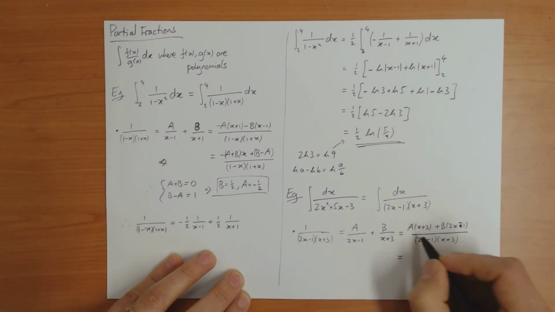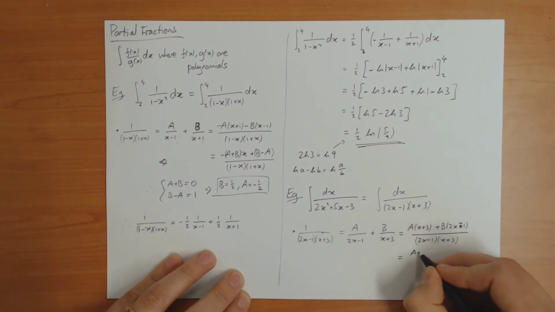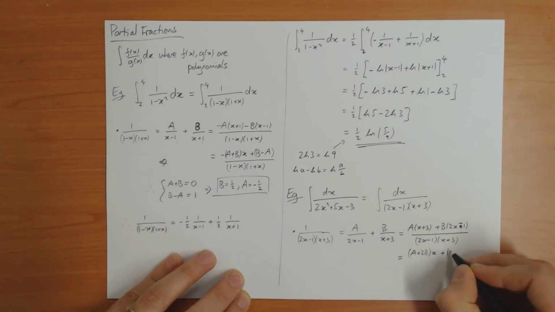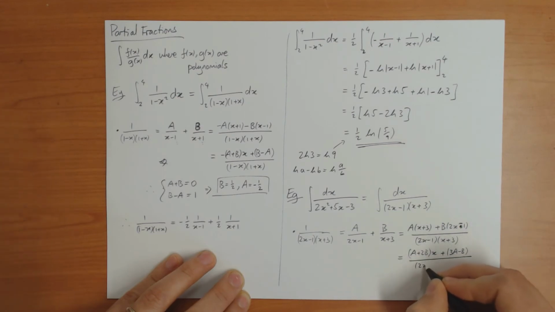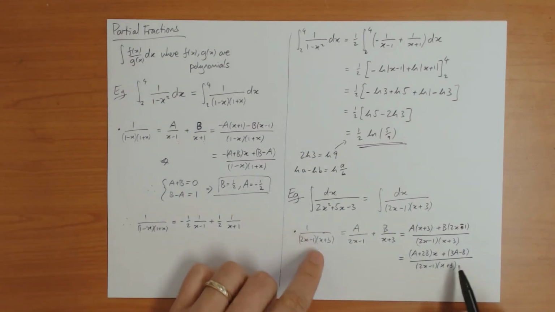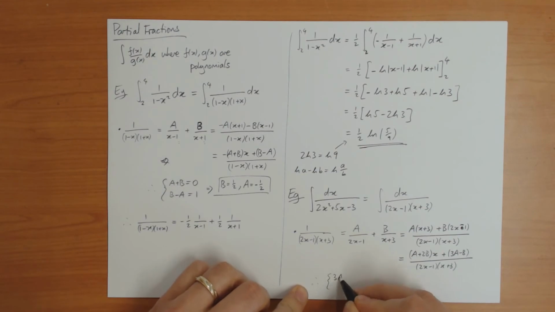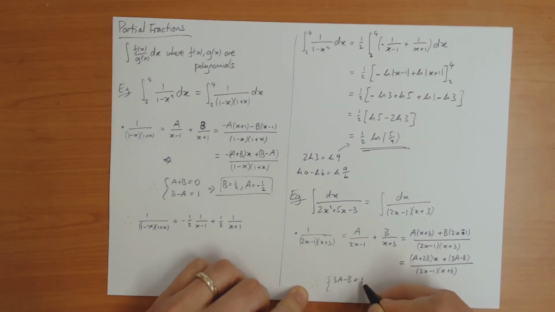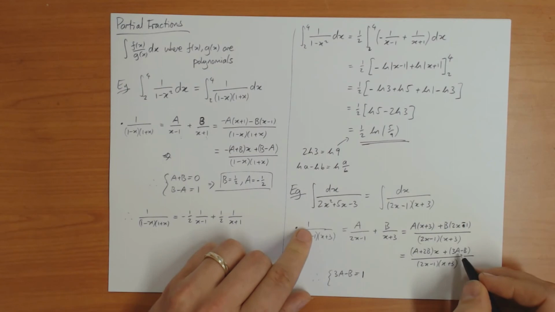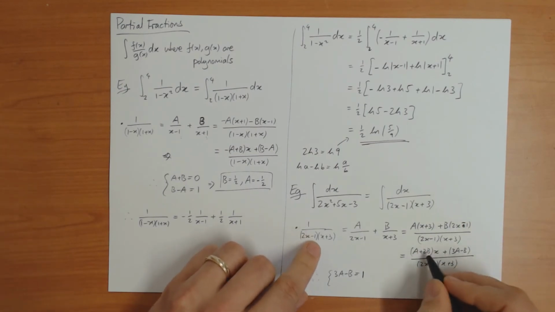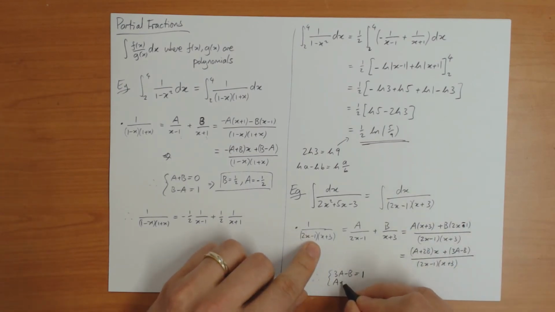Then putting together the x terms, this gives you a plus 2b times x plus 3a minus b over 2x minus 1 times x plus 3. Comparing this and this, you see that 3a minus b should be equal to 1, because the constant term here is 1, and the x term is 0, so a plus 2b should be equal to 0.